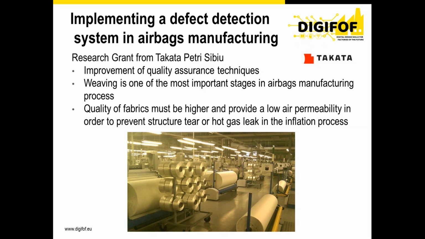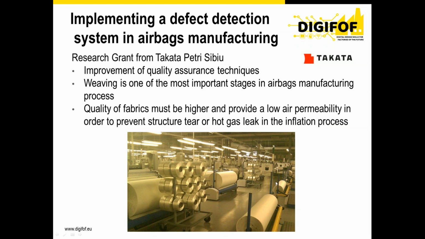The control of the threads is very well done by the producer, and they use looms for production of the textile of the weft, which are made by Toyota, and are water jet looms, the highest productivity looms in the world.